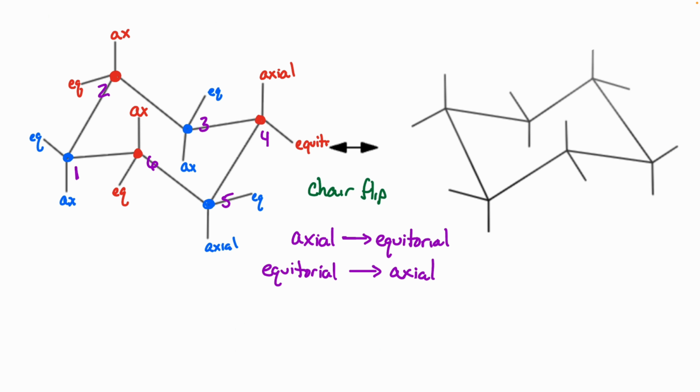Importantly, the carbons that used to be at the valleys, the ones at the bottom of our triangles, like this carbon 1, when the chair flip occurs, are now going to be at the top, at a peak. So our valley carbons get converted into peak carbons. So this is carbon 1 in my chair flip, carbon 2, 3, 4, 5, and 6.